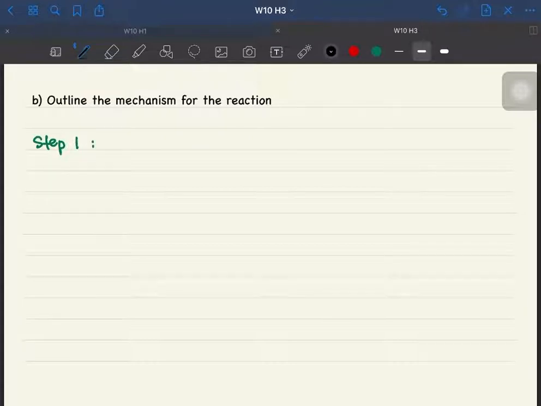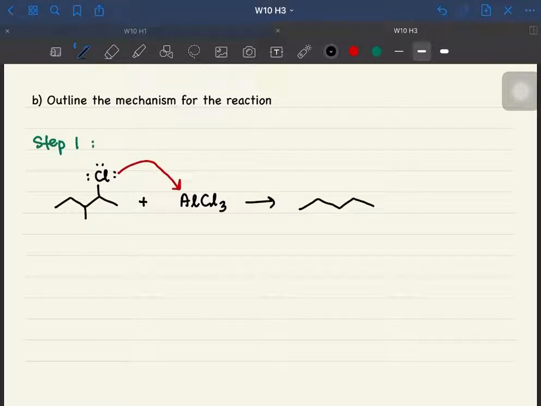So we need to rewrite our haloalkane. So we have 2-chloro-3-methylpentane, showing all the lone pairs on this chlorine, and then we're going to react it with AlCl3. From this reaction, we're going to form a complex ion of 1, 2, 3, 4, 5. Don't forget the methyl.